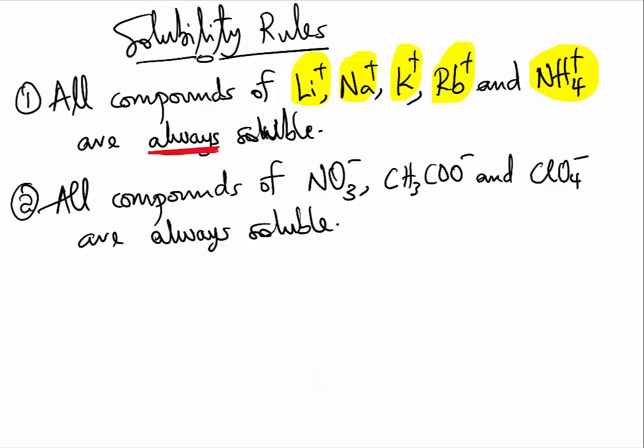What that means is that anytime you see nitrate, acetate, this is called acetate, and at times it is written as C2H3O2 minus. They mean the same thing. Or perchlorate ions. Anytime you see them in a compound, you can simply assume that the compound will be soluble. That is why the word always is used here.